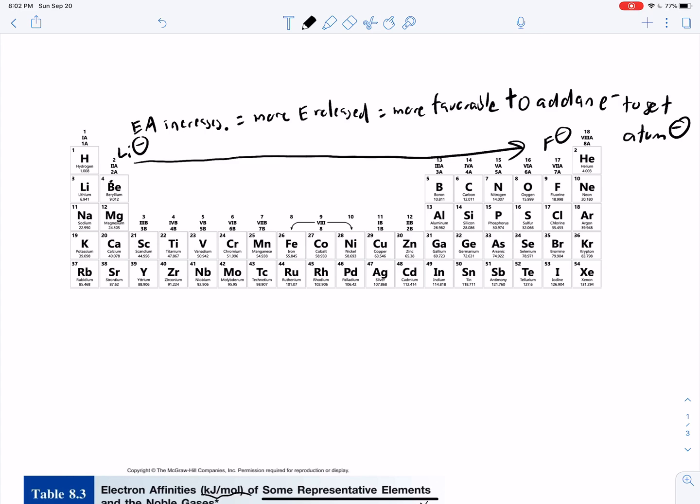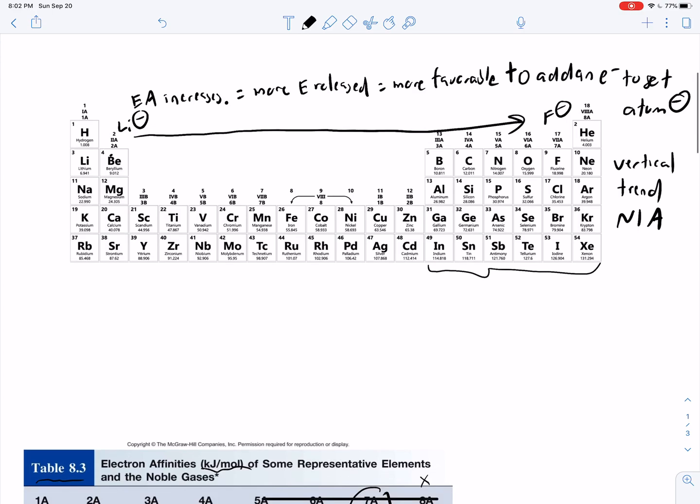The vertical trend is very weak. For all intents and purposes, we can say there's not really a strong vertical trend as we go up and down a column. But generally speaking, as we move across the periodic table, electron affinity becomes more favorable. Atoms on the right-hand side of the periodic table are happier to accept electrons than atoms on the left-hand side.